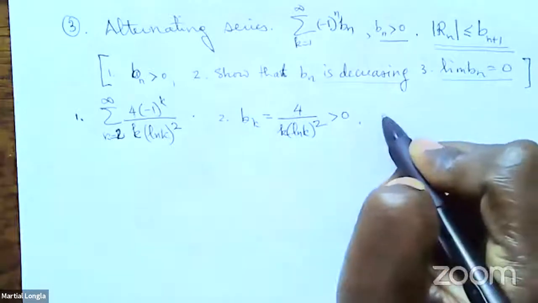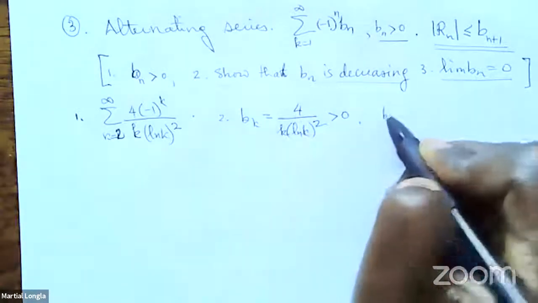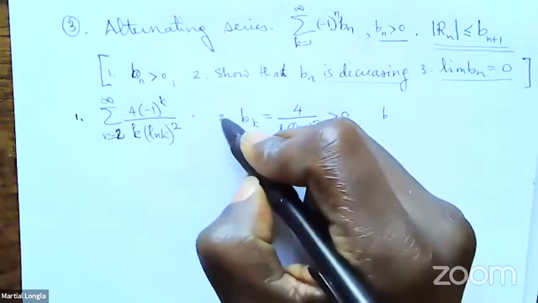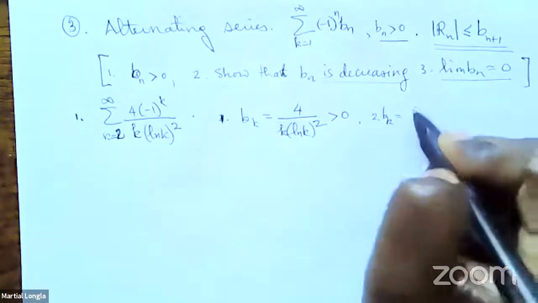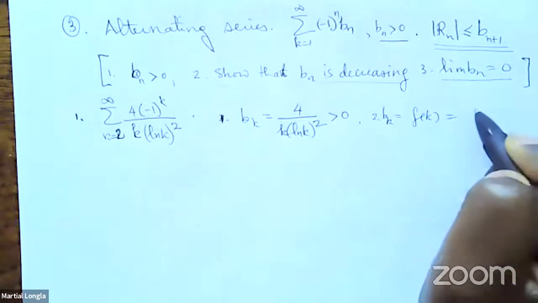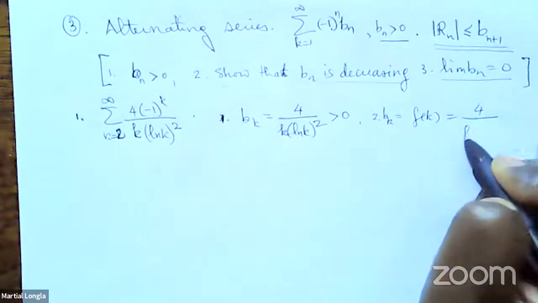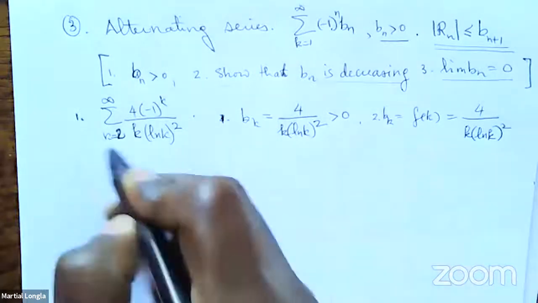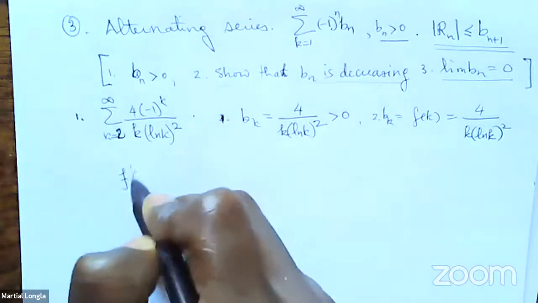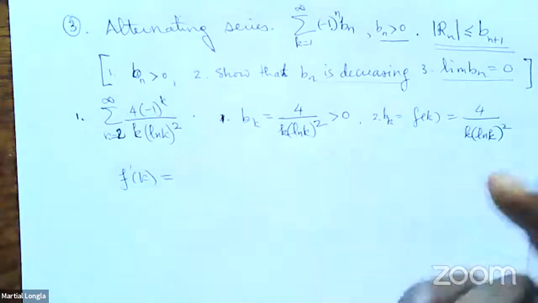Now, b_k is f(k) equals 4 over k (natural log of k) squared. And I'm going to take the derivative to show that it's negative.